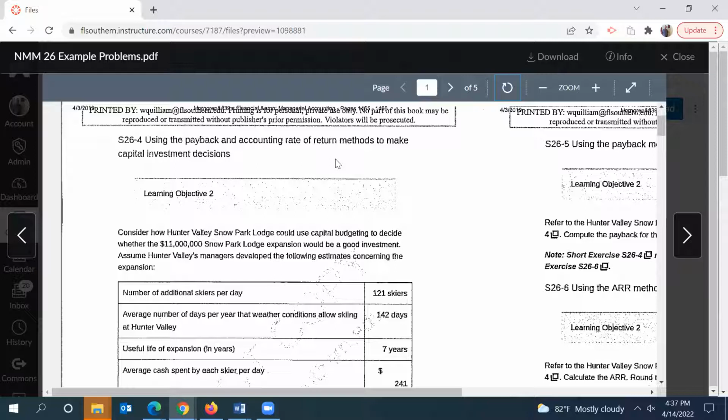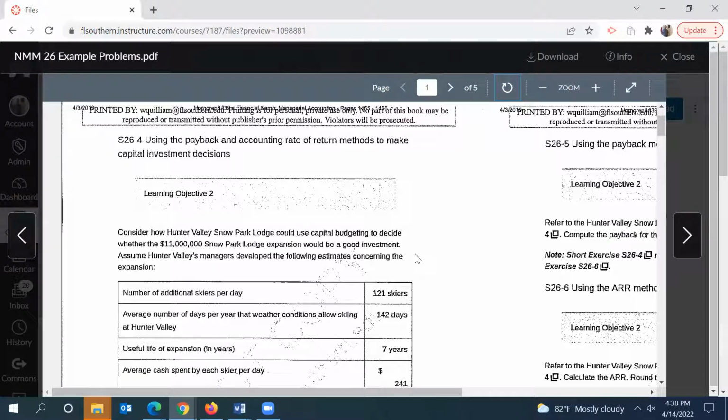So, using the payback and accounting rate of return methods to make capital investment decisions. Here's a really good example of a capital investment decision. If you have any trouble seeing anything, just let me know. We're considering how Hunter Valley Snow Park Lodge could use capital budgeting to decide whether the $11 million Snow Park Lodge expansion would be a good investment.